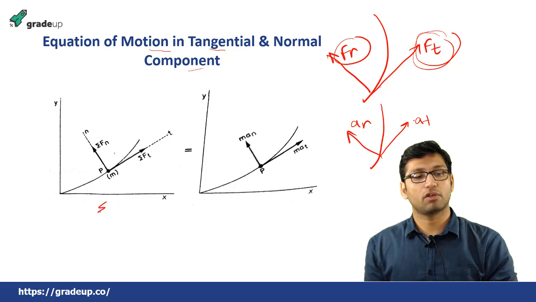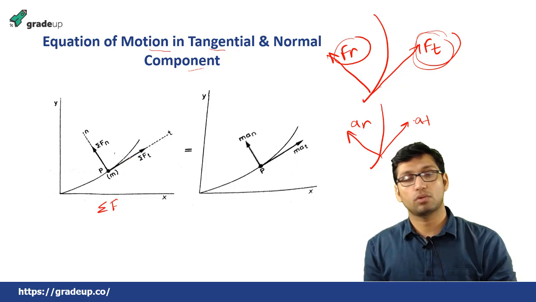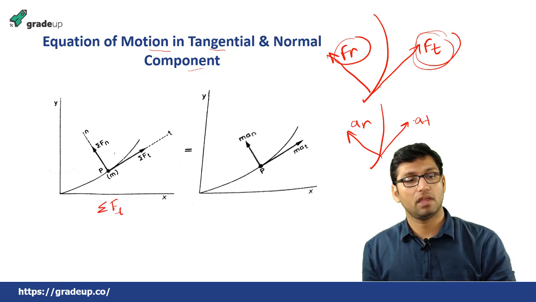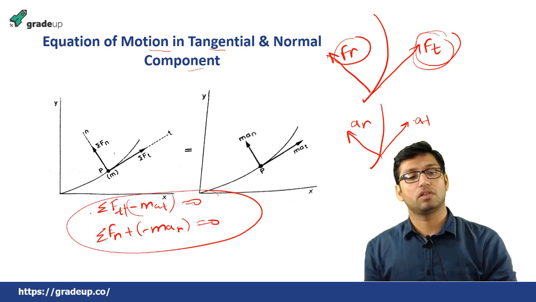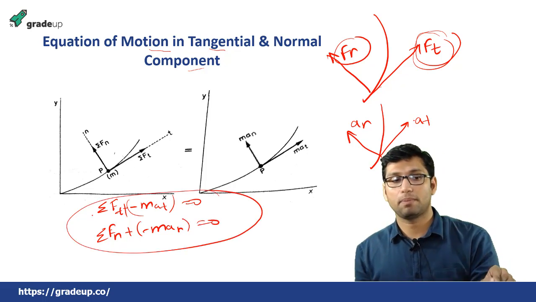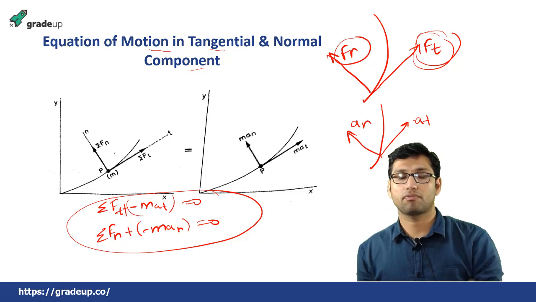So we can also write the equation of motion for these two components of forces. Summation of Ft plus minus mat equal to 0 and summation of Fn plus minus man equal to 0. This is by D'Alembert principle that we are writing the equation in this form.